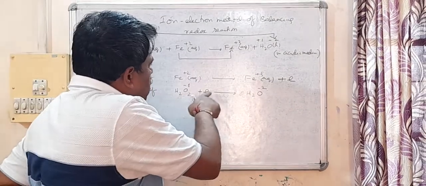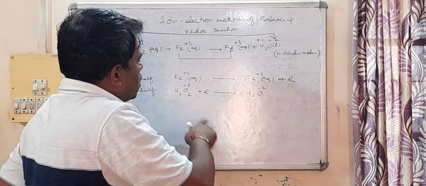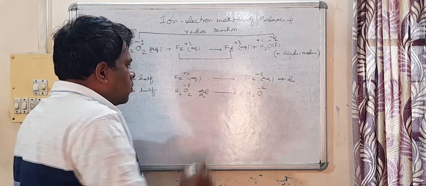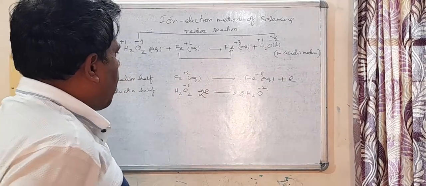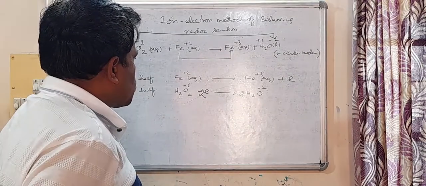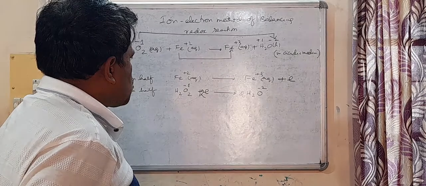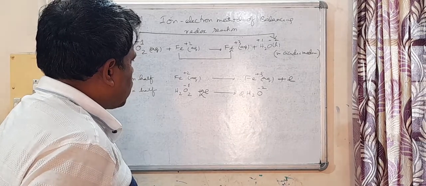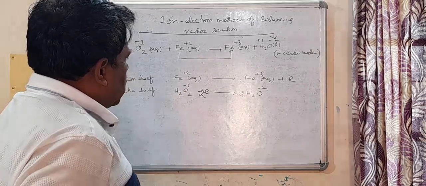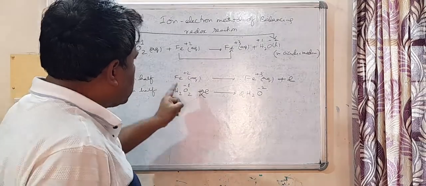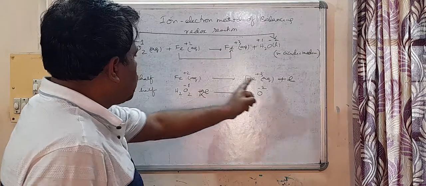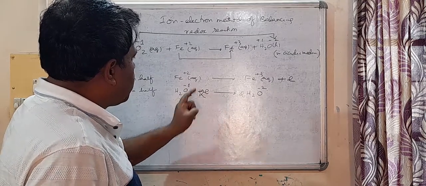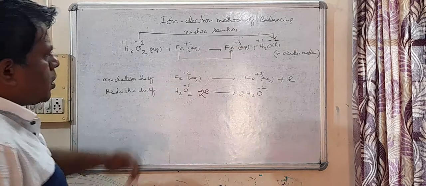This electron is actually for one oxygen. Now since there are two oxygen, for two oxygen we have to give two electrons. -1 to -2, for that we put one electron, but now for two oxygen we have to put two electrons. So this is the thing that we have to do.